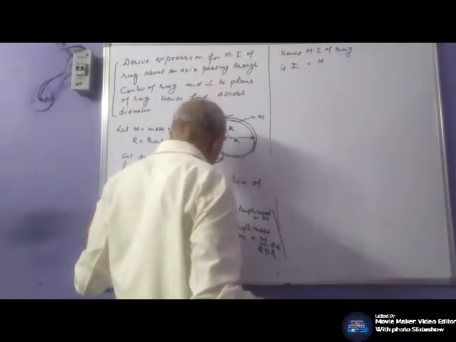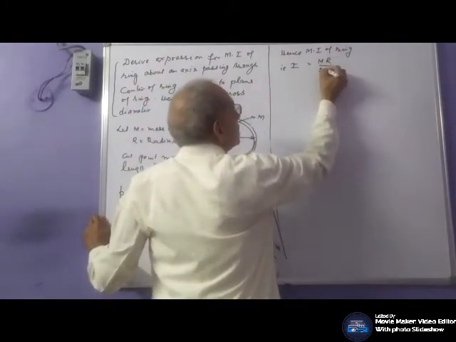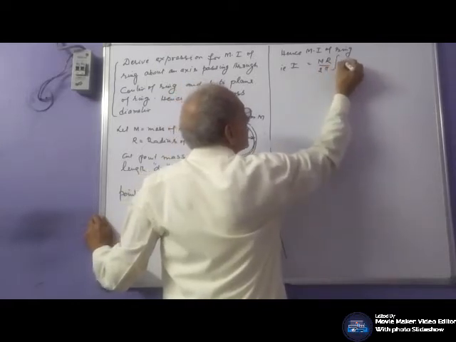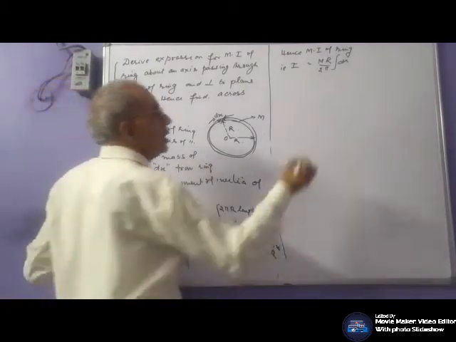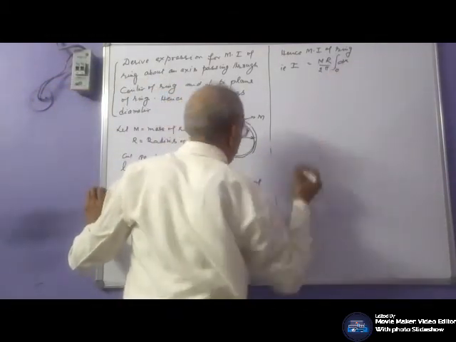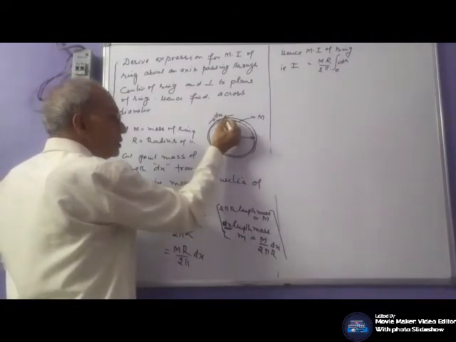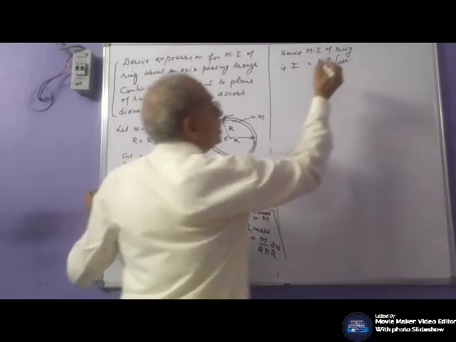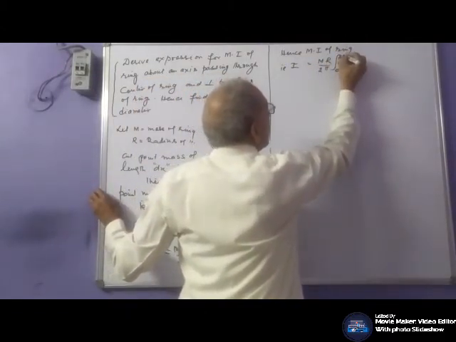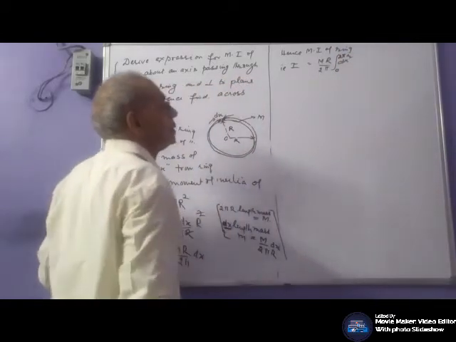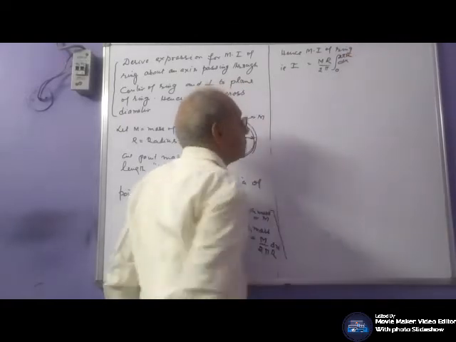M constant, R constant, 2 pi constant, they are outside the integration. Dx is variable. From where? From 0 to 2 pi R, not small, it is capital R.